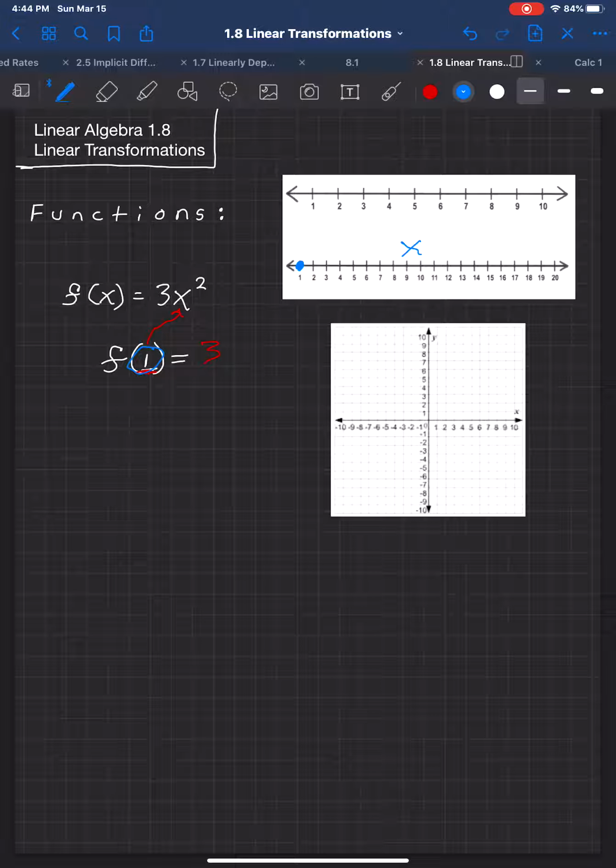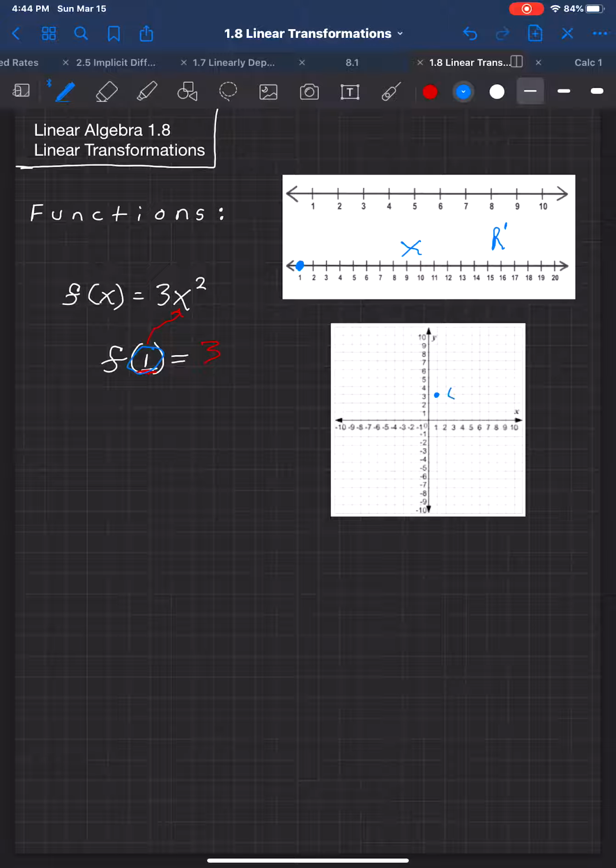We would think about this number line as being in R1 space, one dimension. And through a means of transformation, you were able to plug in a 1 and get back out a 3.